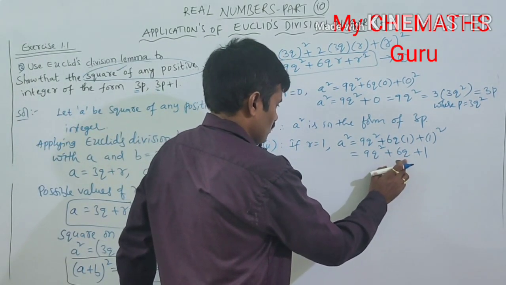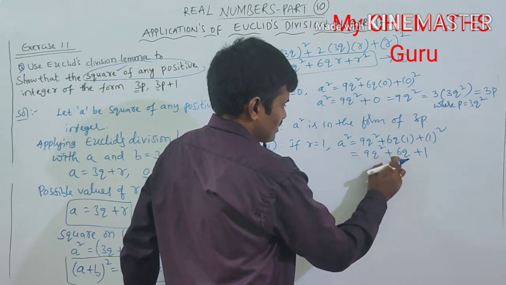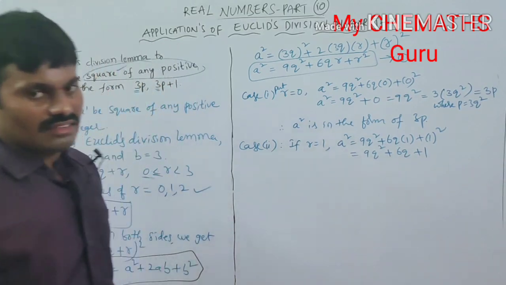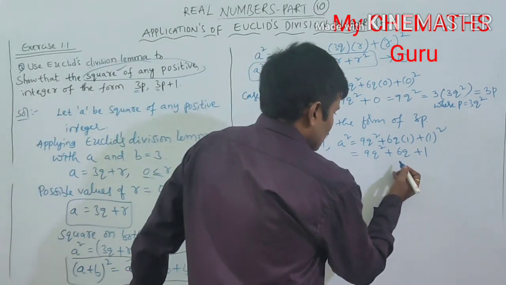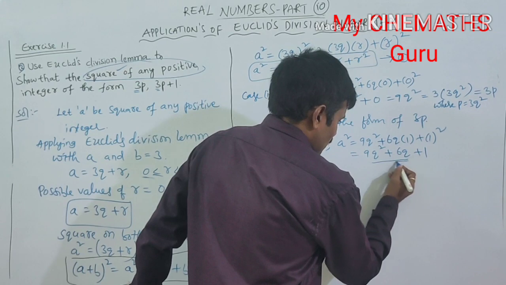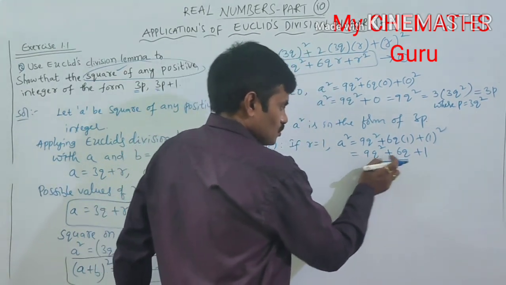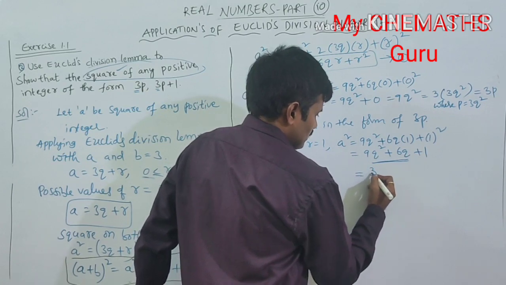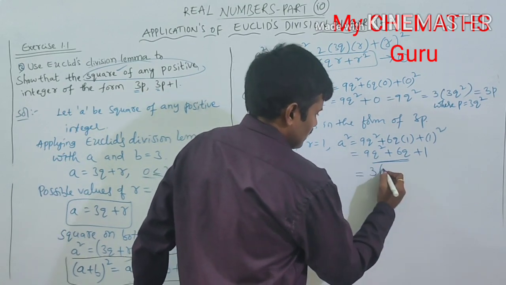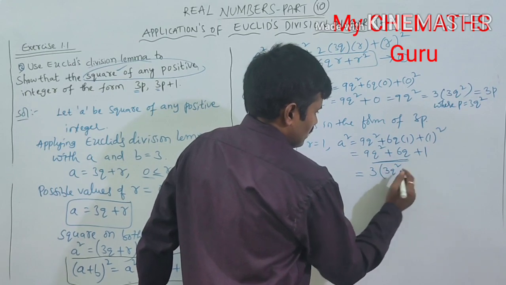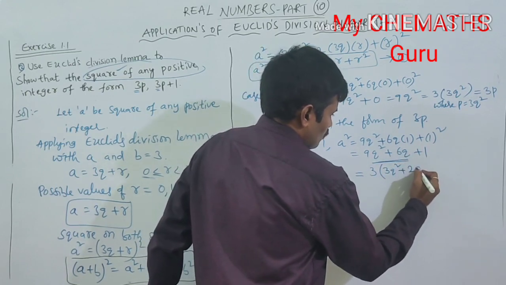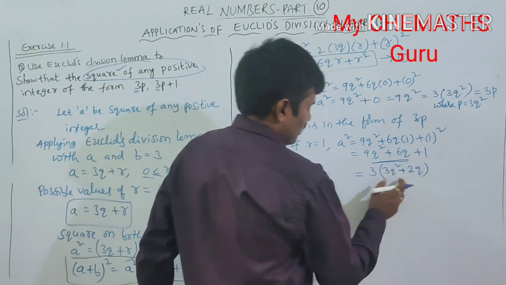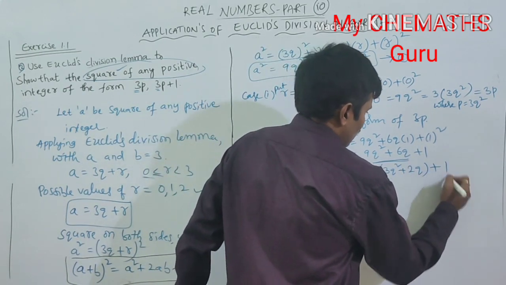Yes, 9 and 6 are multiples of 3, but 1 is not. So take 3 as common factor from these two terms. Then it becomes 3 of 3q² + 2q, according to the distributive property, plus 1.